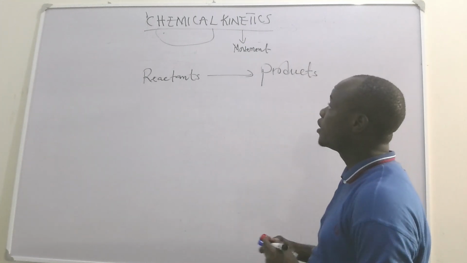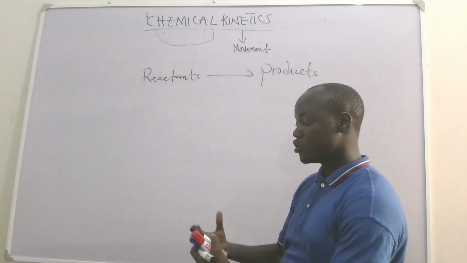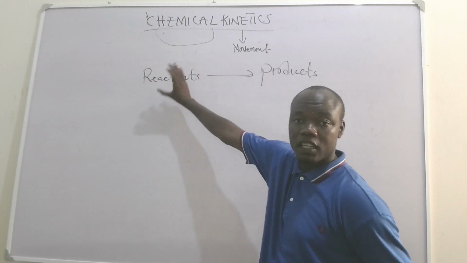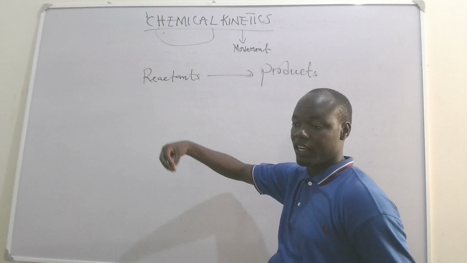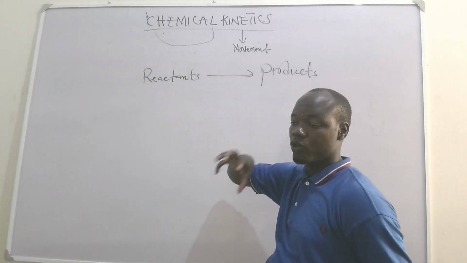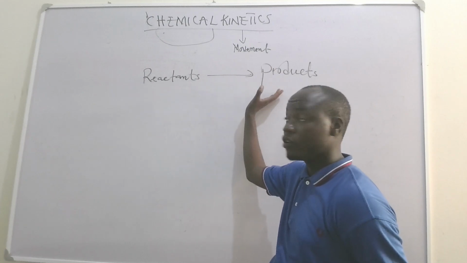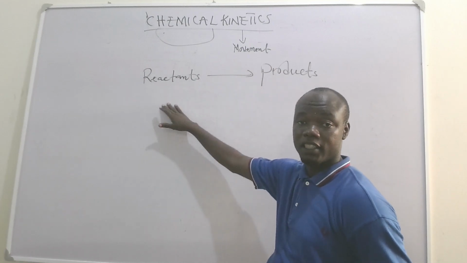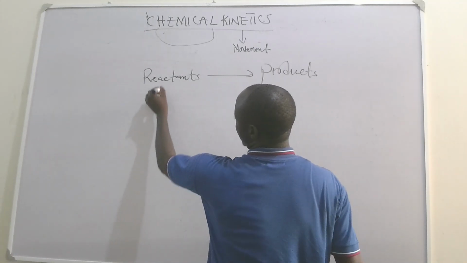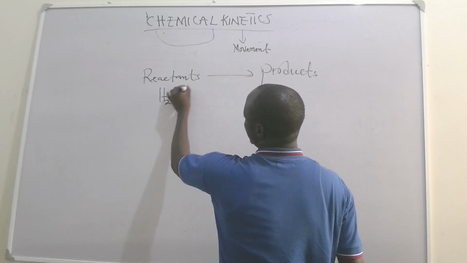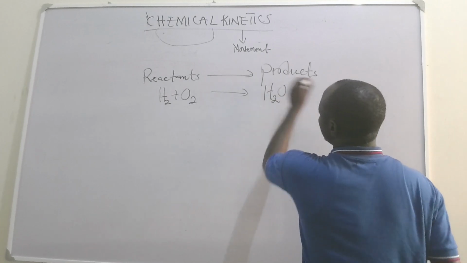So when you say chemical reaction, it means it's a process that leads to the conversion of the reactants to products. Like for example, hydrogen plus oxygen produces water.